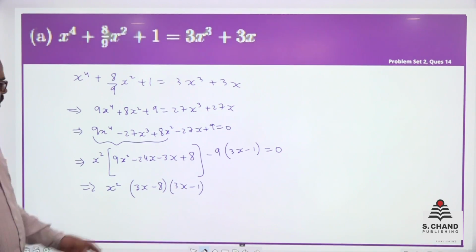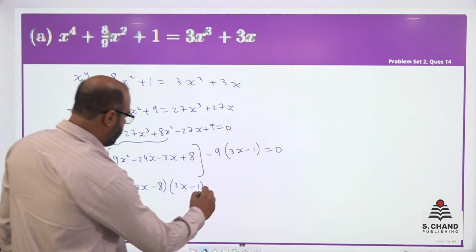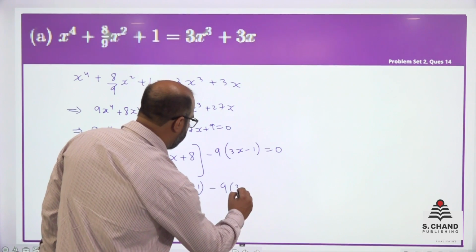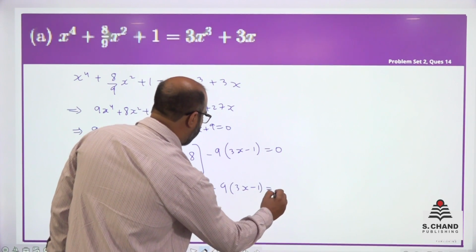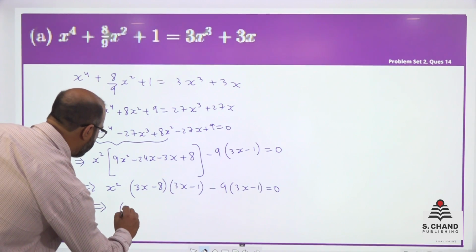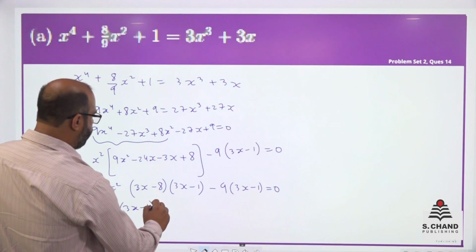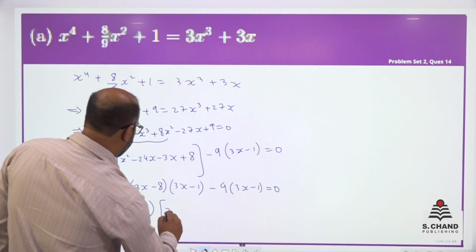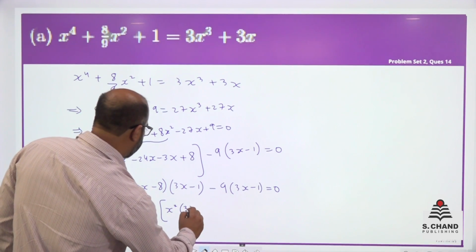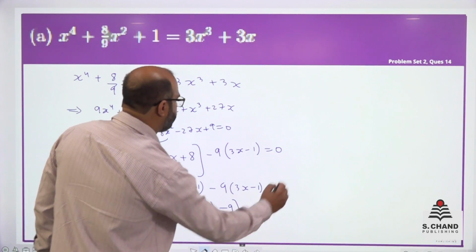So on opening, 9x square minus 24x minus 3x plus 8, minus 9 into 3x minus 1 equal to 0. So this will become 3x minus 1 into x square into 3x minus 8 minus 9 is equal to 0.